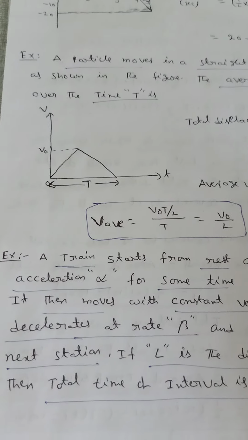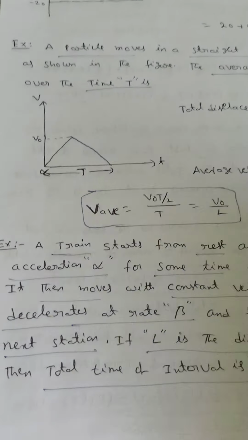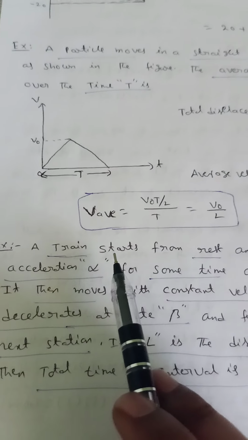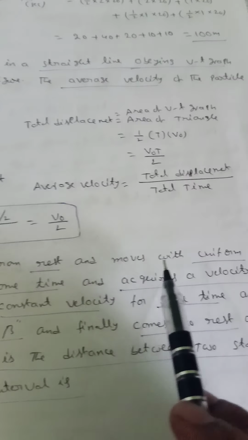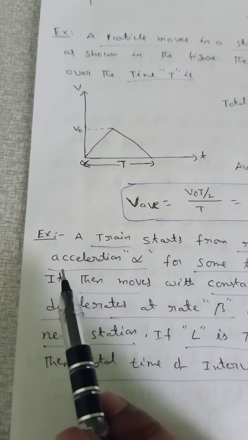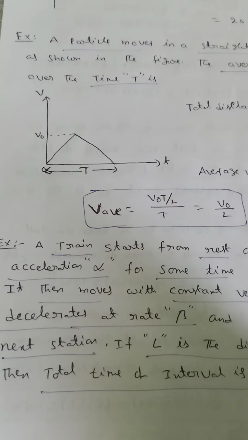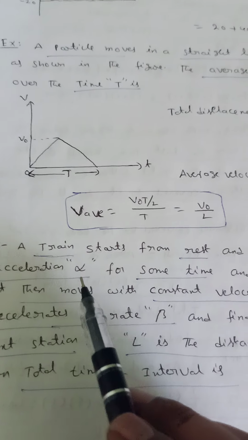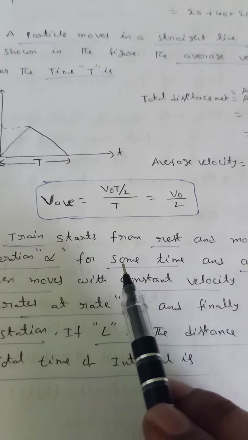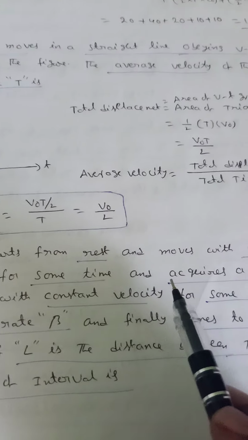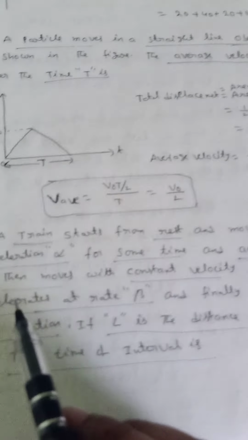And another important model: a train starts from rest and moves with uniform acceleration alpha for some time, given as t1, and acquires a velocity v.